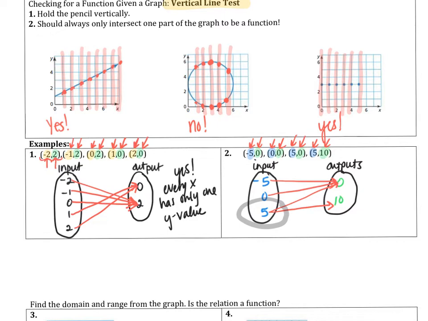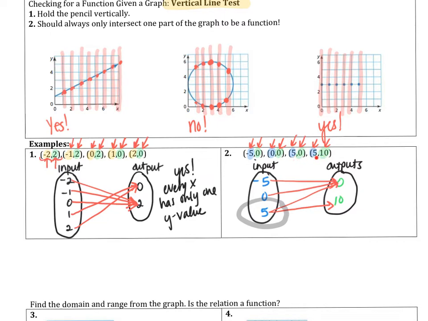I was expecting an input of 5 and output of 0, and I got that first. Then I get 5 again, and I'm expecting that every x value has only one y value. So if I see the x value 5, I'm expecting an output of 0. But I see the x value of 5 again, and I get a different output of 10.